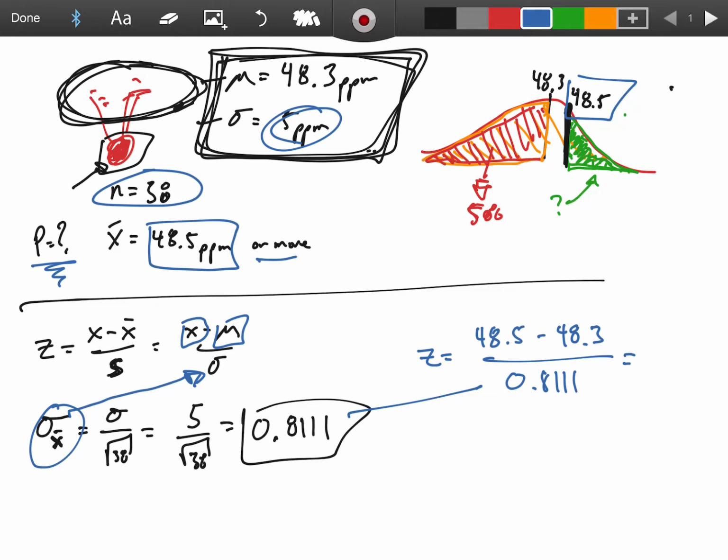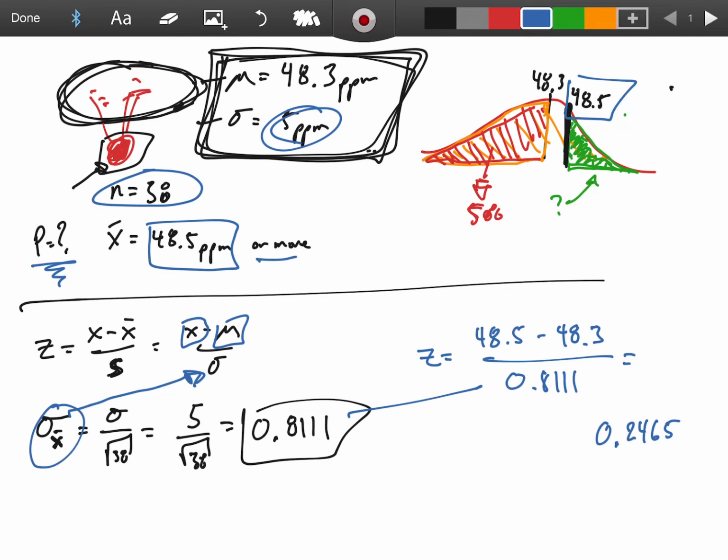Again, get our calculator out, run these numbers. So 48.5 minus 48.3, and divide that by 0.8111, and I get a z-score of 0.2465.